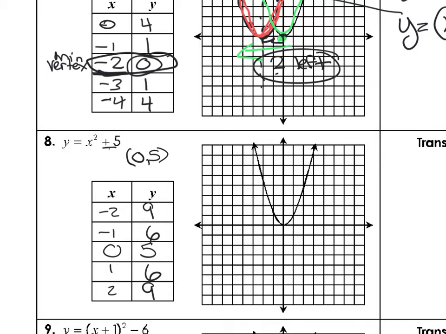So we'll graph these. -2, 9. 2, 4, 6, 8. That's the one up here. And then -1, 6. 2, 4, 6 here. And 0, 5. Then 1, 6. And 2, 9 up here.